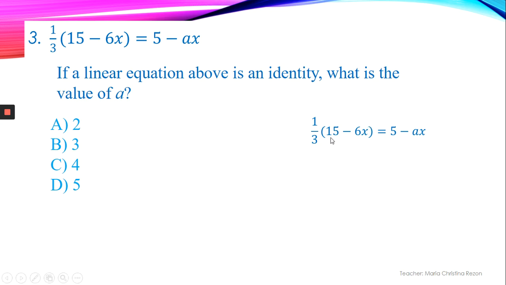Simplify this by the distributive property. So you will have 5 minus 2x is equal to 5 minus ax. Now, if we subtract 5 from both sides of our equation, what is left is negative 2x, or 2x is equal to ax.